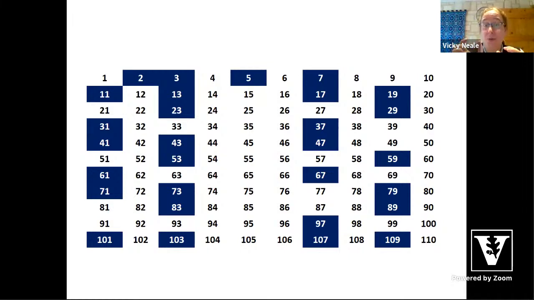There are lots of examples on this grid of pairs of primes that differ by 2. And we know, thanks to Euclid, that there are infinitely many prime numbers. So it seems to me really natural to wonder, are there infinitely many pairs of primes that differ by 2? These primes that are really good friends, they're really close together.